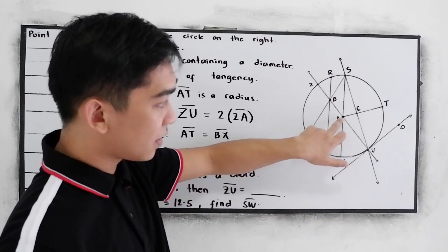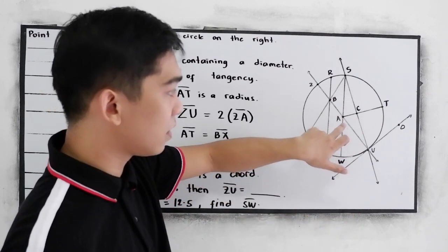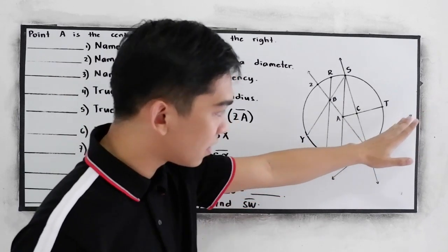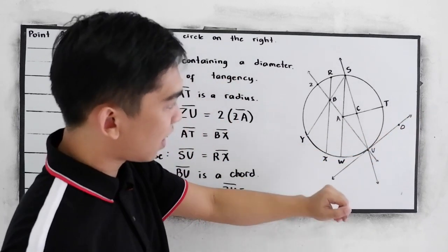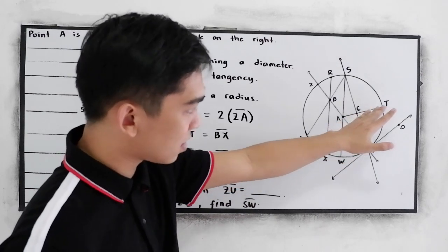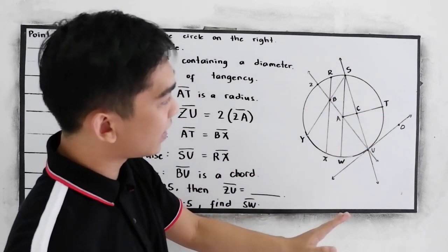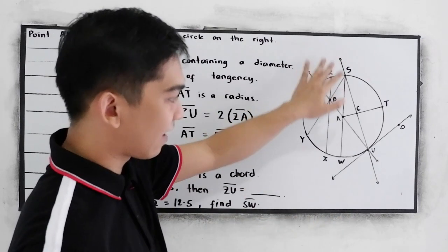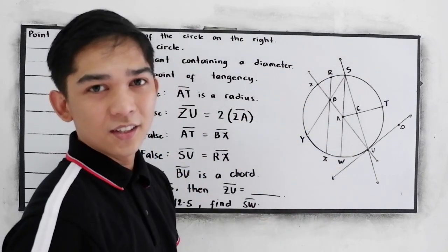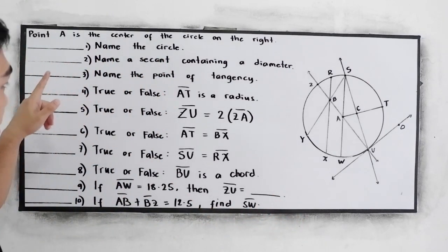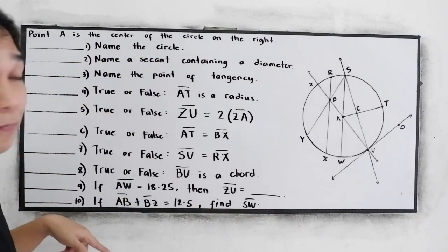We have here the center, which is A, and we have a tangent, and we have a radius, and of course chords and secants. Now let us try the following questions, number 1 to 10.